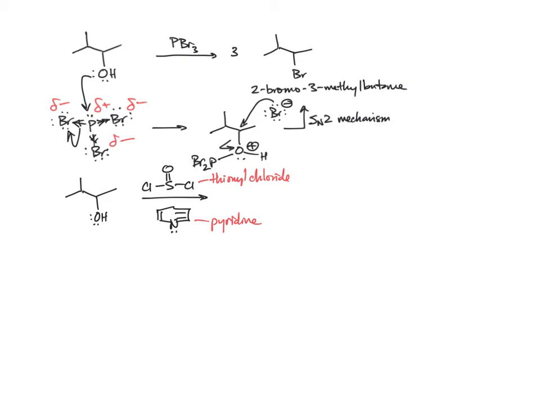And what is going to happen in this is that a functional group transformation of alcohol to chlorine is now going to occur. So we've gone from a secondary alcohol to a secondary chloride.